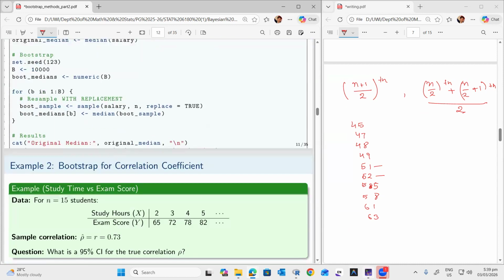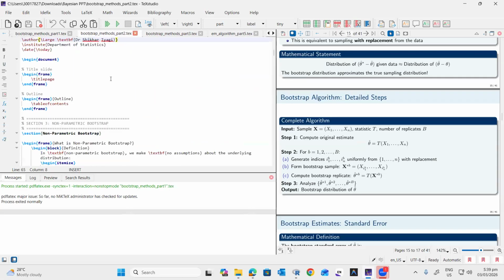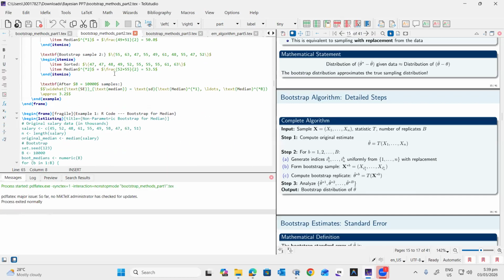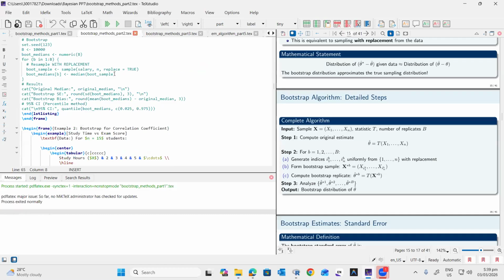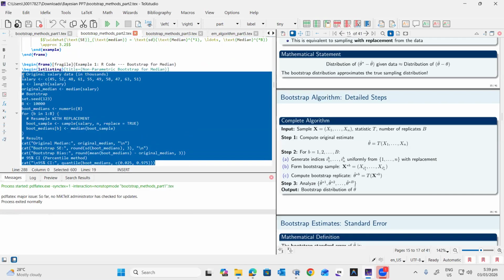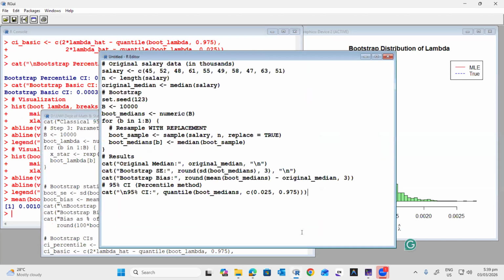Okay, let me check if I have the R code for bootstrap. So we have the original salary data that is given.